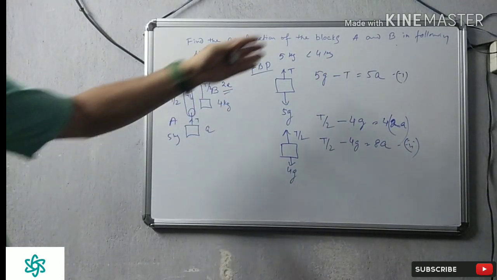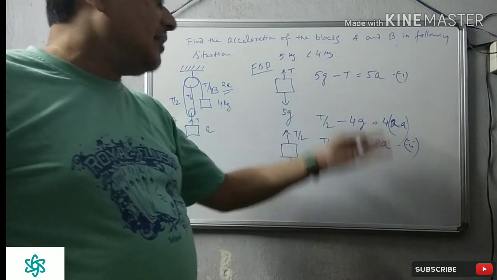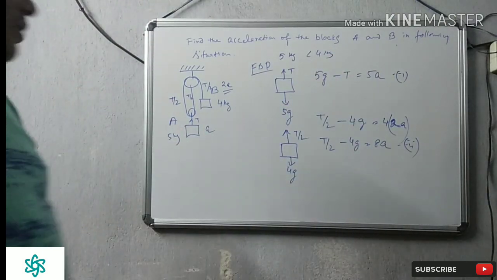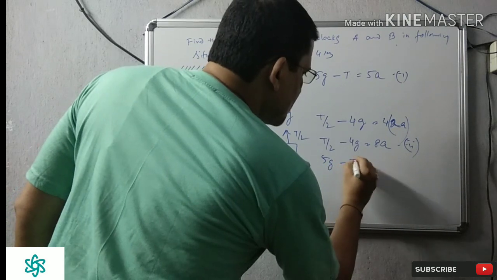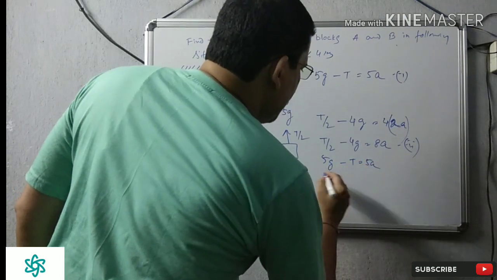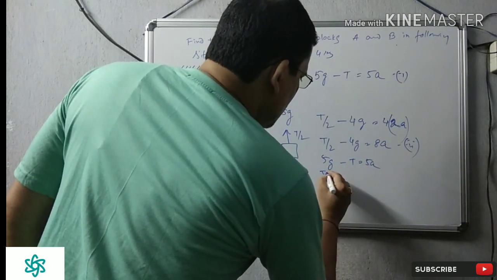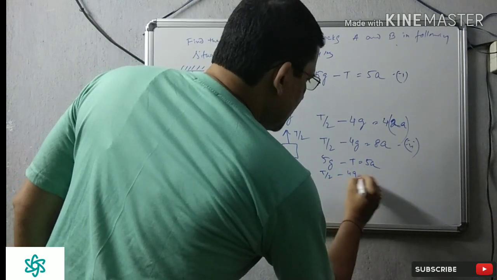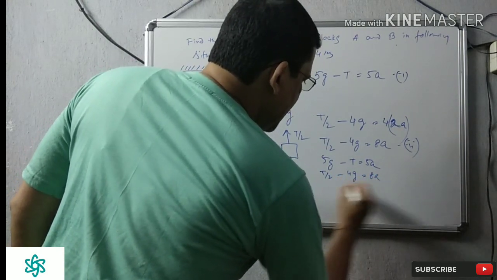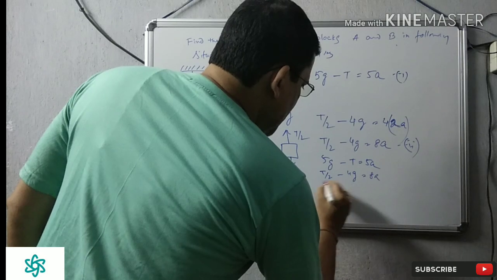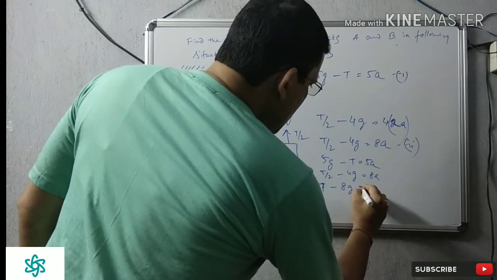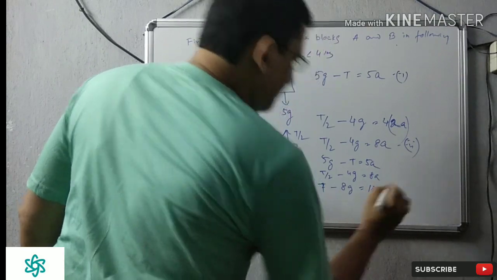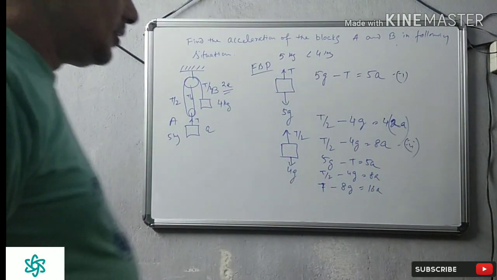Now we have to solve these 2 equations and then we find out the acceleration of each block. 5g minus T is equal to 5a. T by 2 minus 4g is equal to 8a. So multiplying by 2, T minus 8g is equal to 16a. Clear?